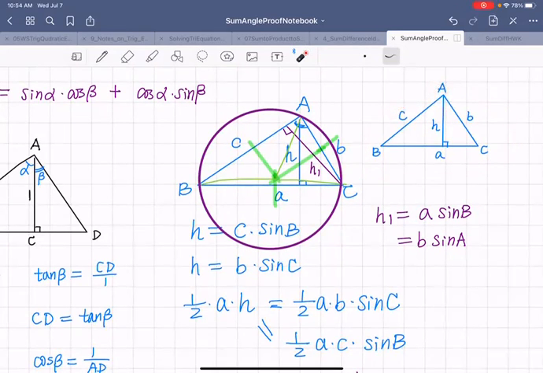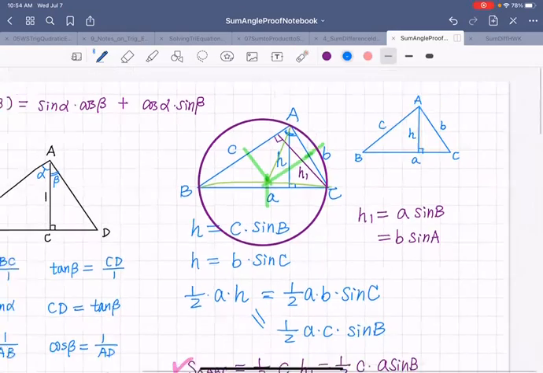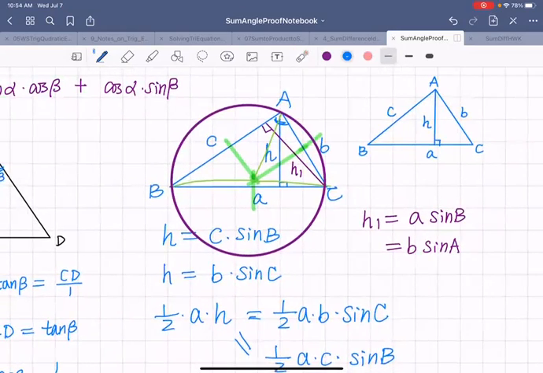And there is another formula. If you attended those EMC 10 contests, you might know another formula called Heron's formula.